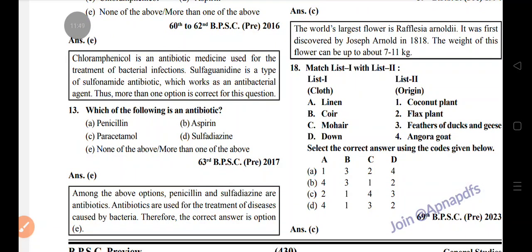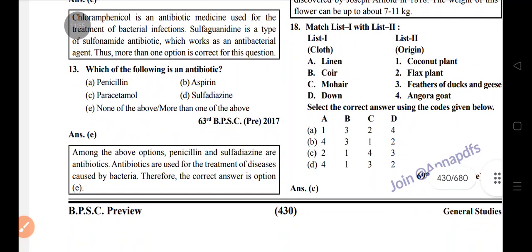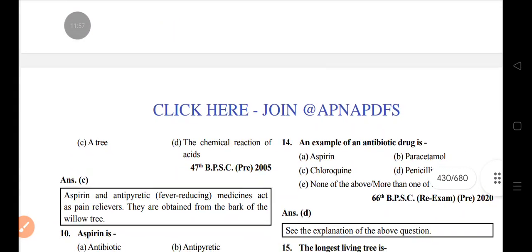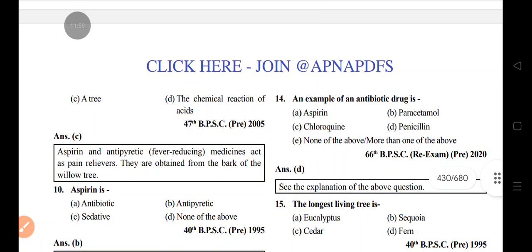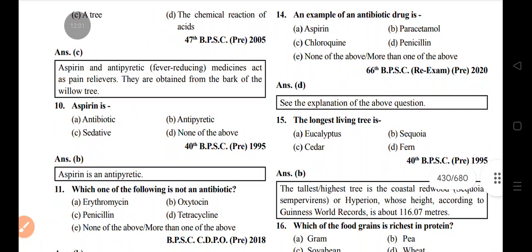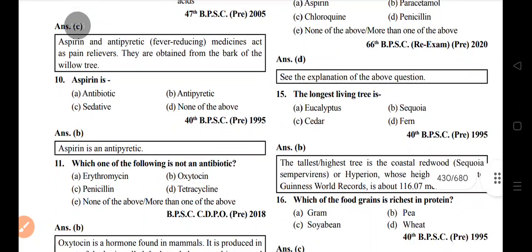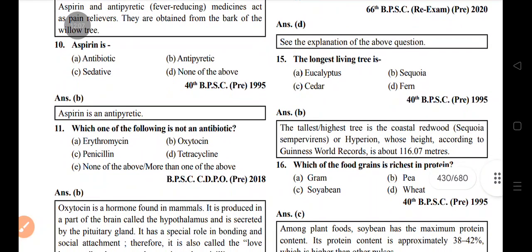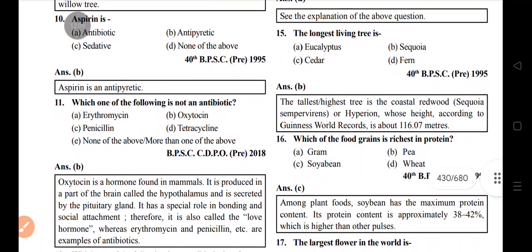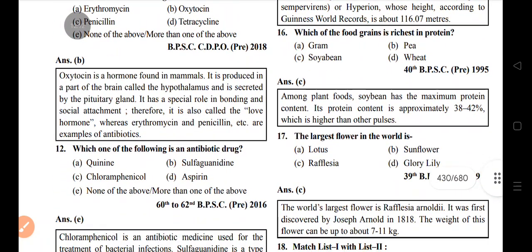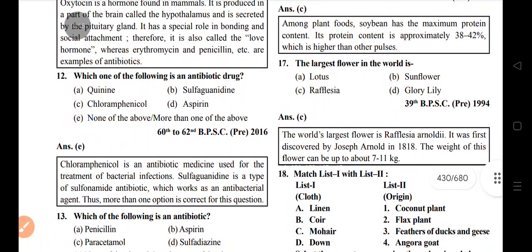Penicillin or sulfadiazine. Antibiotics are used for treatment of disease caused by bacteria. An example of an antibiotic drug is penicillin. The longest living tree is sequoia. Which of the food grains is richest in protein? Soybean. The largest flower in the world is Rafflesia.